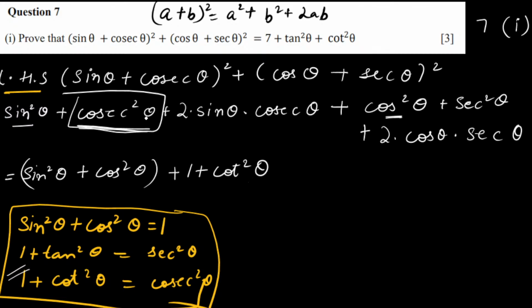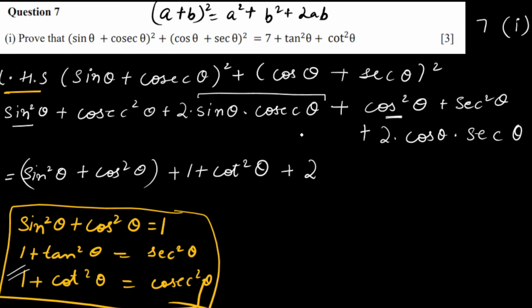Now the next one I have is 2 sine theta into cosecant. Sine and cosecant are reciprocal of each other.